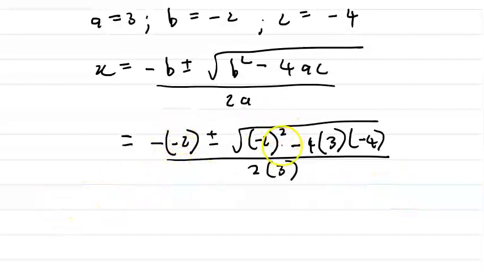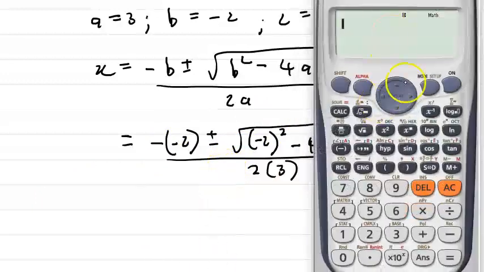So therefore now, because they said correct to 2 decimal places, remember that a quadratic equation has at most 2 roots. So let's go and work that out. If you look at this now, you're going to say minus, in brackets minus 2, and let's do plus first. So we plus the square root of b squared minus 4ac. So in brackets, now brackets are important, minus 2 squared minus 4.